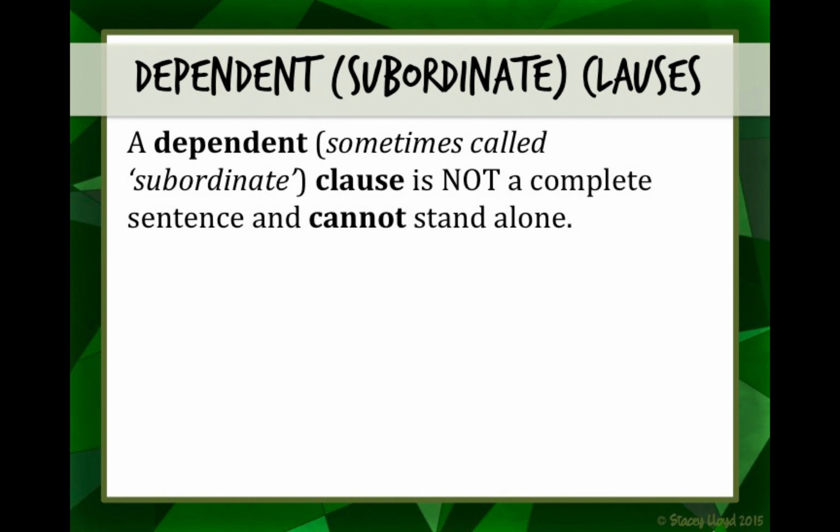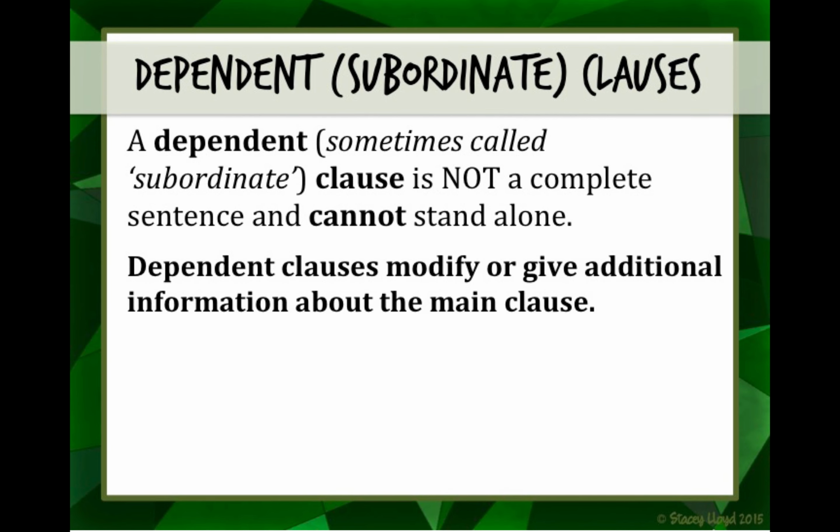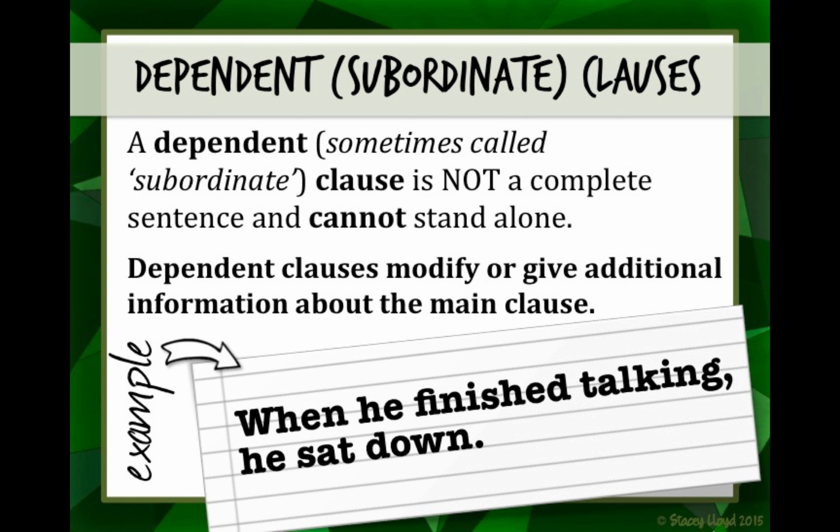Dependent clauses are not a complete sentence, and they cannot stand alone. They modify or give additional information about those main clauses that can stand alone. So look at this one. When he finished talking, he sat down. So if I just wrote the sentence, when he finished talking, would that be an independent clause?